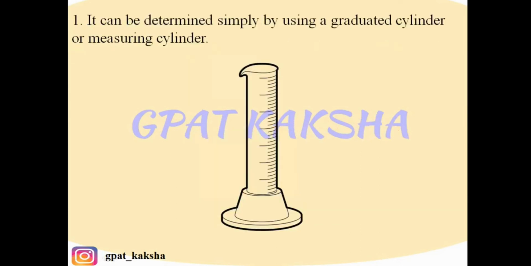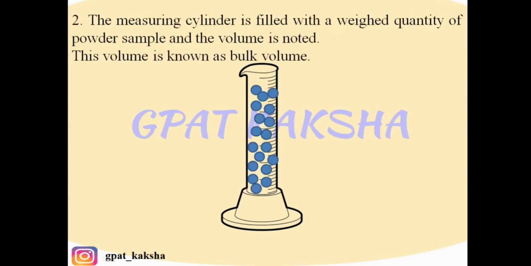Bulk volume can be simply determined by using a graduated cylinder, means a cylinder on which markings are done so that a definite volume can be measured. In this measuring cylinder, a weighed amount of powder sample is introduced, and the volume it occupies is noted from the marking. This volume is known as bulk volume.